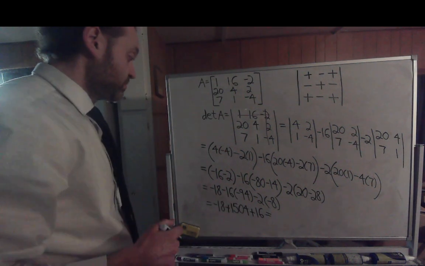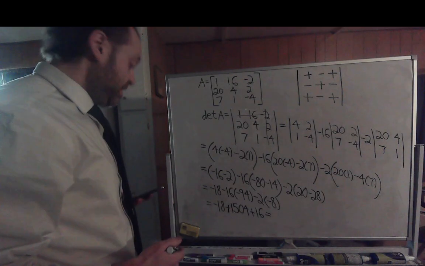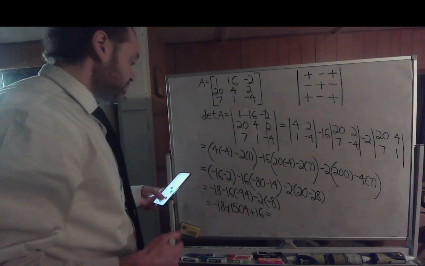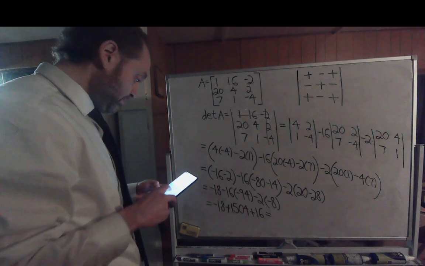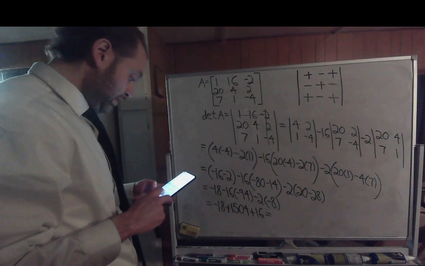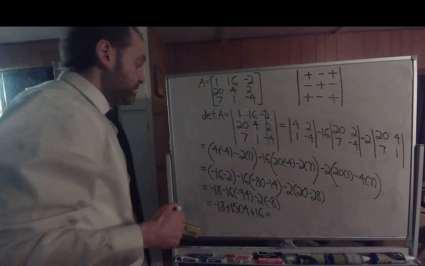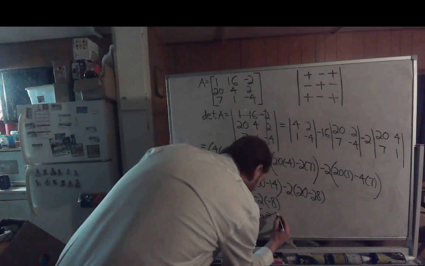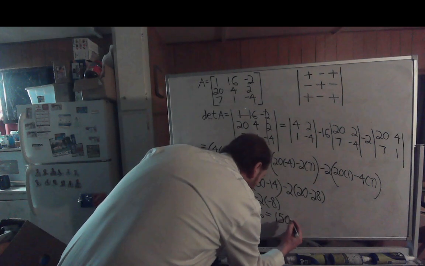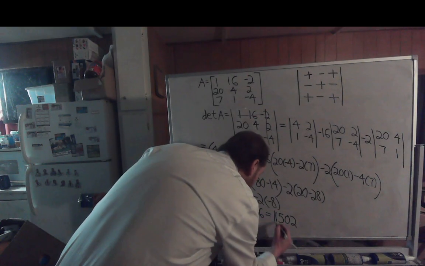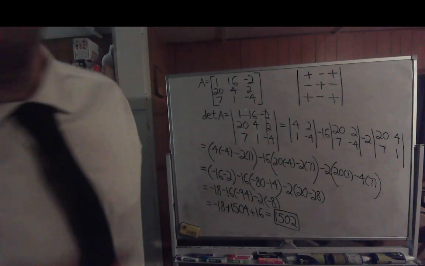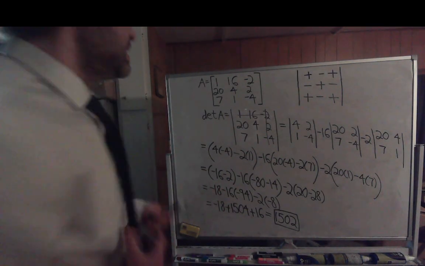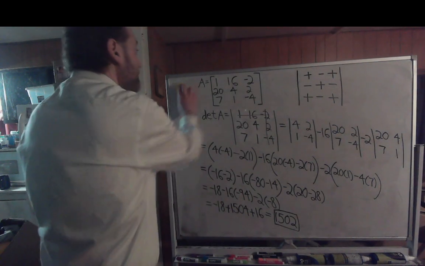So let's go ahead, add all these up, and you're going to have a high number. The value of the determinant is going to be 1,502. That is the determinant of this matrix, 1,502. That is a lot.